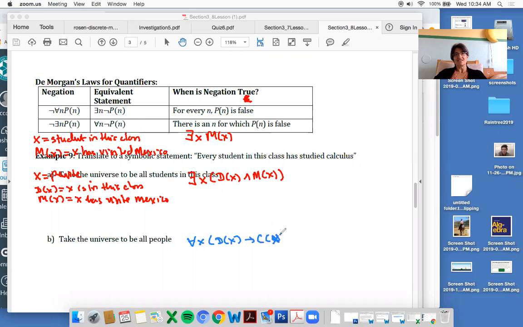That uses a conditional. But with an existential, there exists a person that is in this class and has gone to Mexico, so that translates to a conjunction, an and. It's a different operation, whether you have every with the universal or some with the existential.